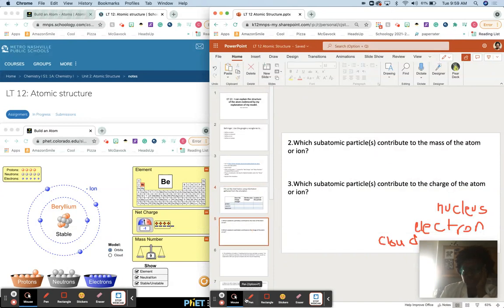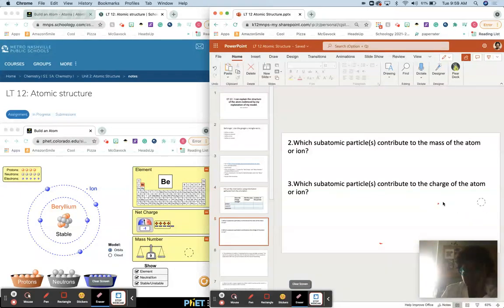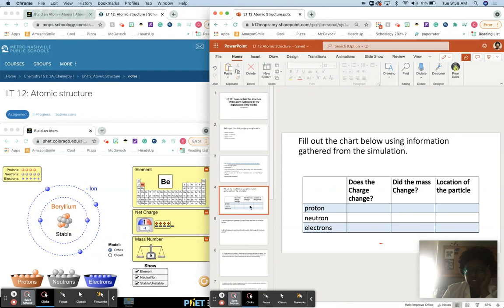Question 2 says, which subatomic particles contribute to the mass? Well, if we look back at our old work right here, we know which of these affect the mass. When we added the proton, it affected the mass.